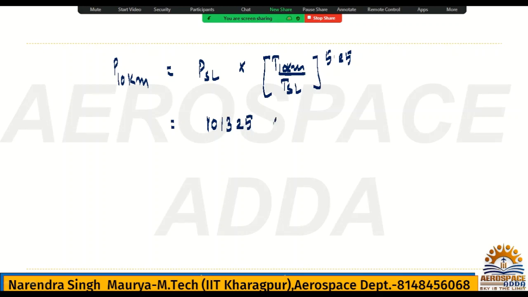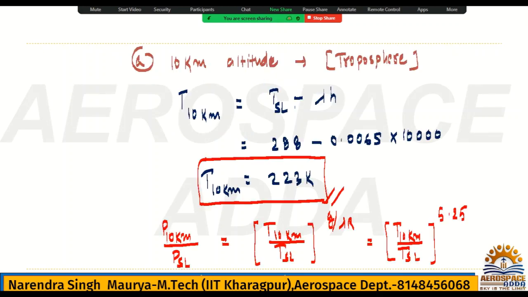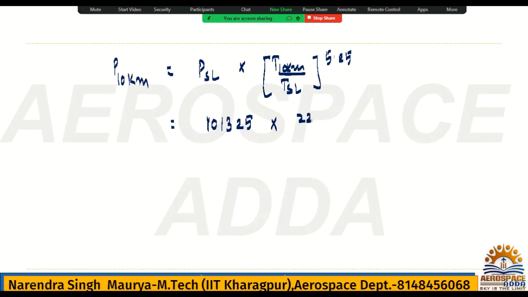101.325 Newton per meter square into 10 kilometer. Just now you have calculated the temperature, 223 divided by 288 to the whole power 5.25. So what is the pressure at 10 kilometer? It is nothing but 223 divided by 288 to the whole power 5.25, multiplied by 101.325.